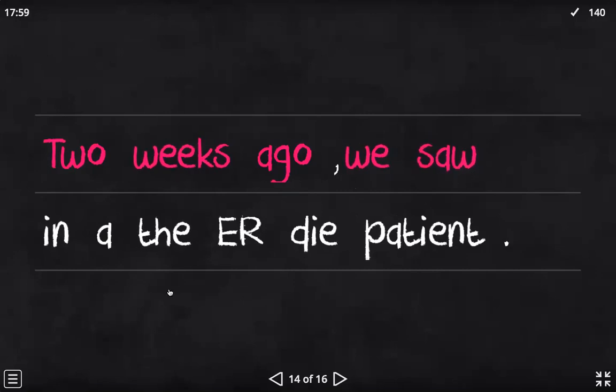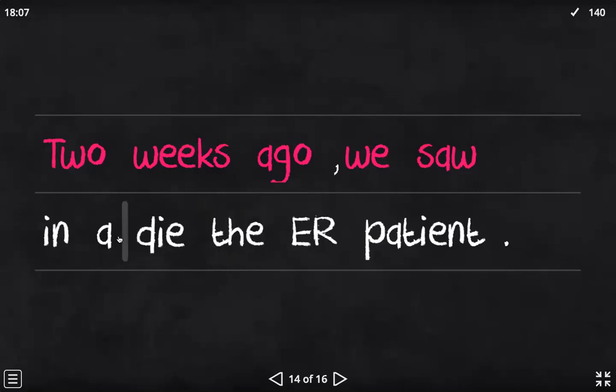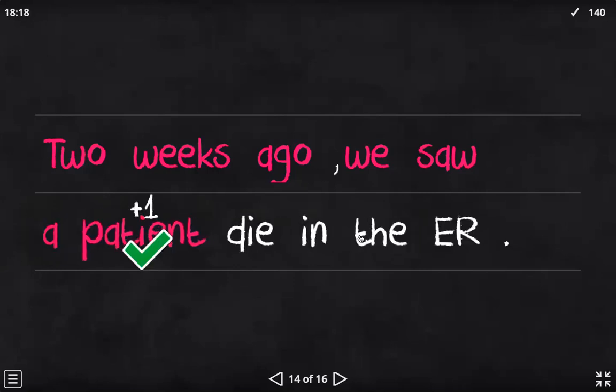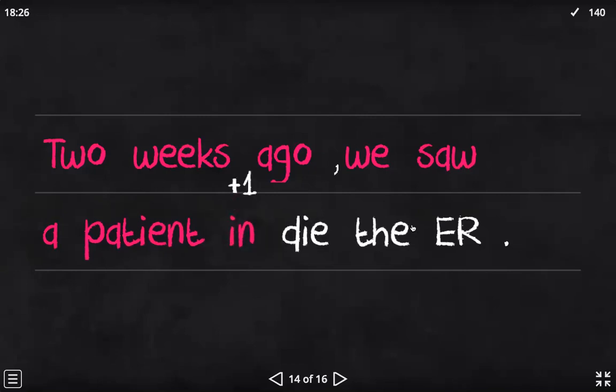What did you see? What did you guys see? We saw die. I think it's A. We saw. No, it's not die. We saw a patient die. A patient. Okay, die no va ahí. Okay, in the ER.